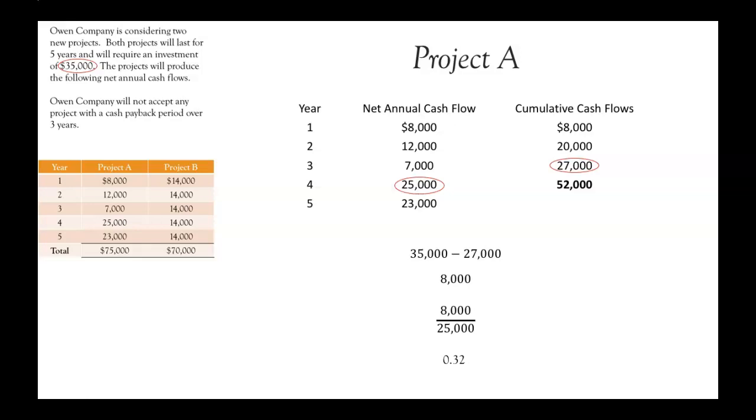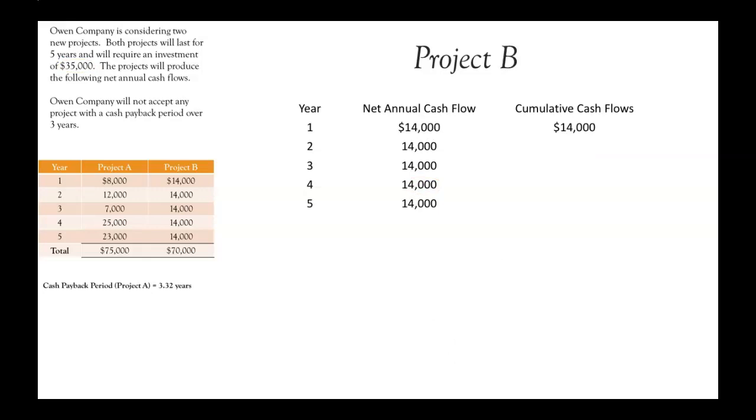So we can see that roughly a third of the way through year 4, we're going to make that $8,000 and make back our initial investment of $35,000. So your cash payback period here would be 3.32 years, because it's going to take 3 full years and then a third of the way through year 4 before we make back our money.